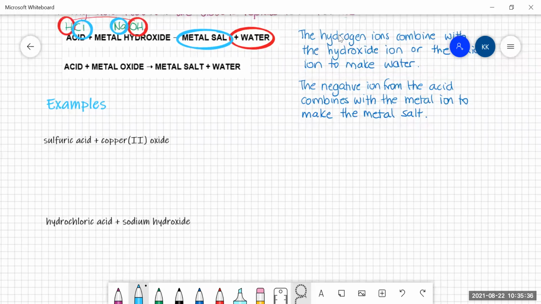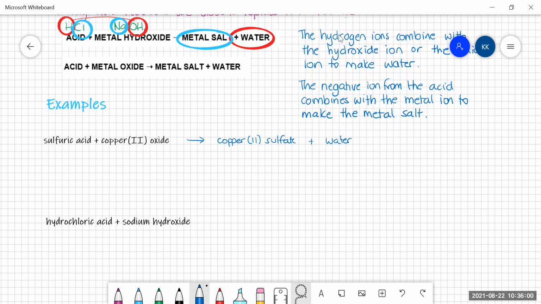We saw in the video the reaction between sulfuric acid and copper oxide, and you'll remember that that made copper sulfate, copper 2 sulfate, and water. Copper 2 sulfate was the blue solution.